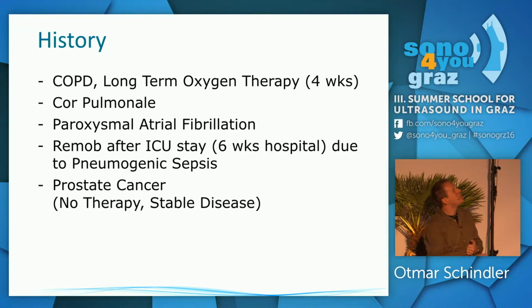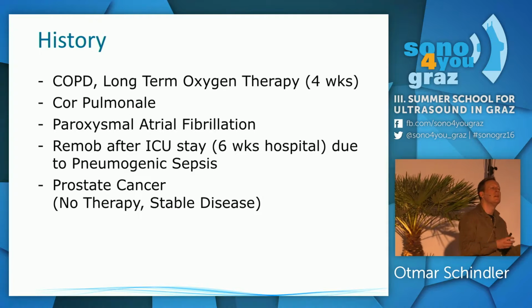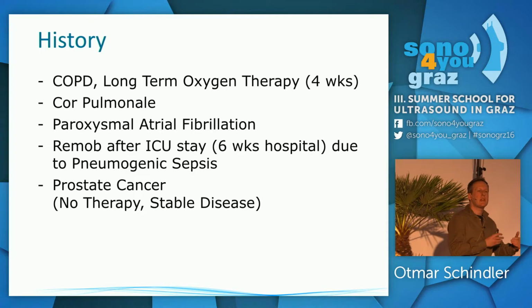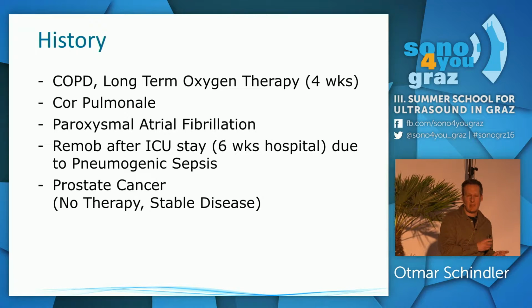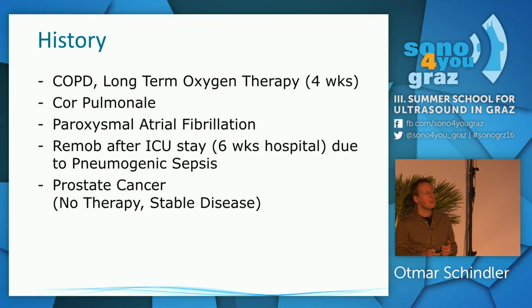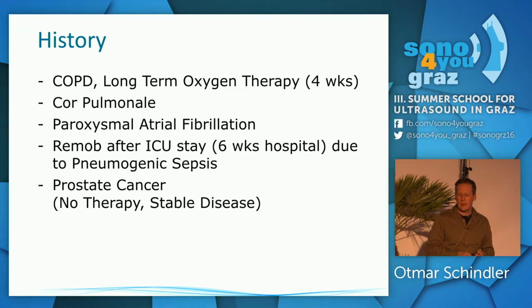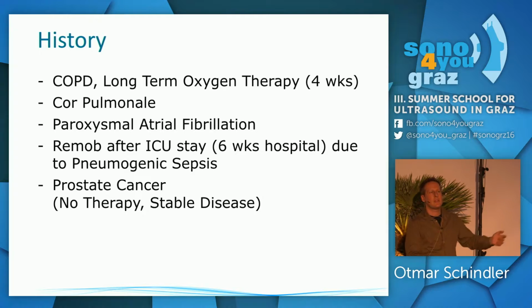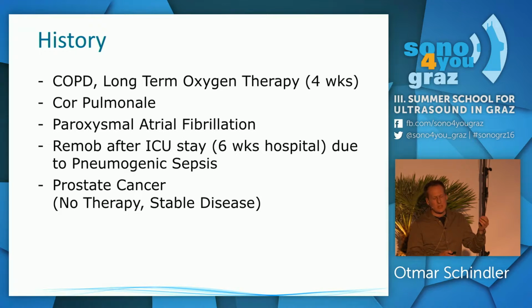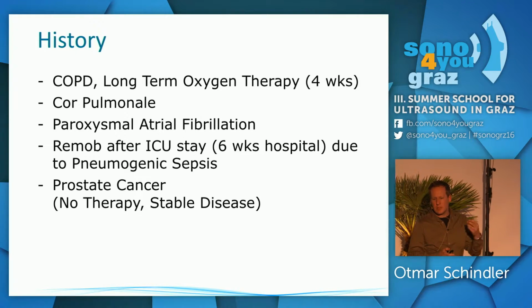He had COPD, and we established long-term oxygen therapy 4 weeks ago. Long-term oxygen therapy in COPD means that at rest the patient has a PO2 in arterial blood of less than 55 millimeters of mercury. I knew he had cor pulmonale. I knew he had paroxysmal atrial fibrillation, and I knew the reason he was at the geriatric unit was pneumogenic sepsis.